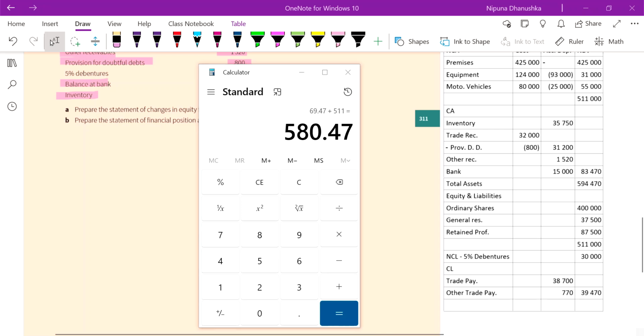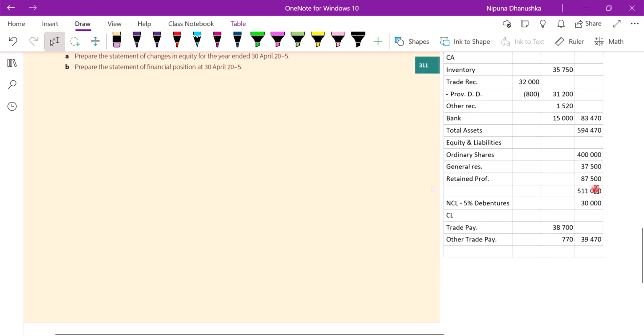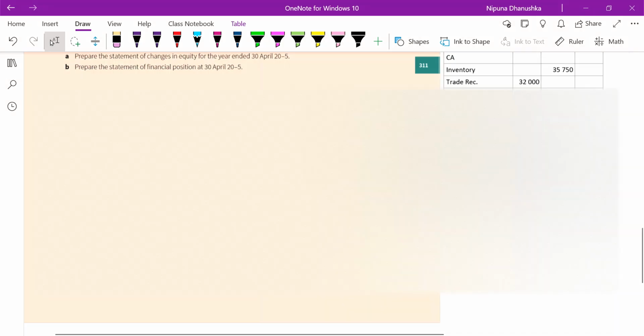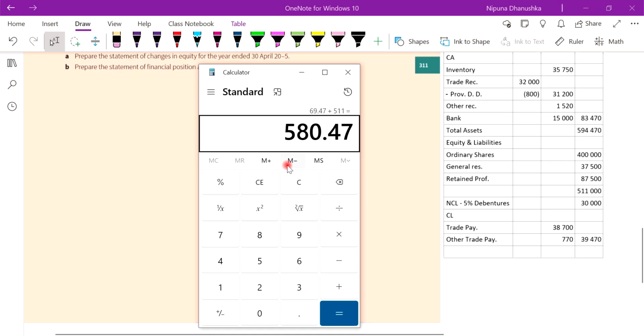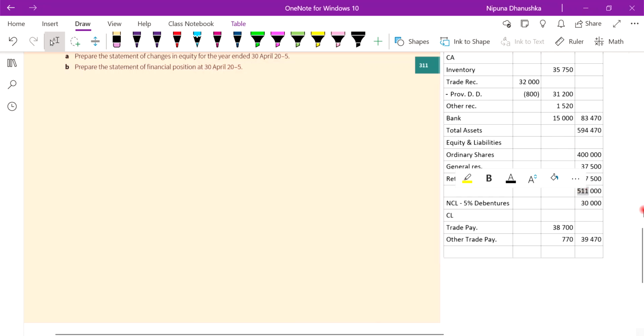I made an addition error over here. The total equity should be 400 plus 37.5 plus 87.5, 525,000, not what I entered incorrectly.